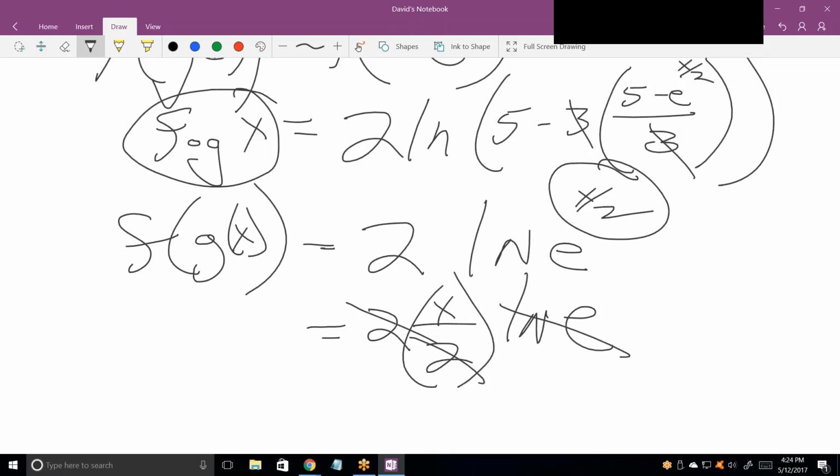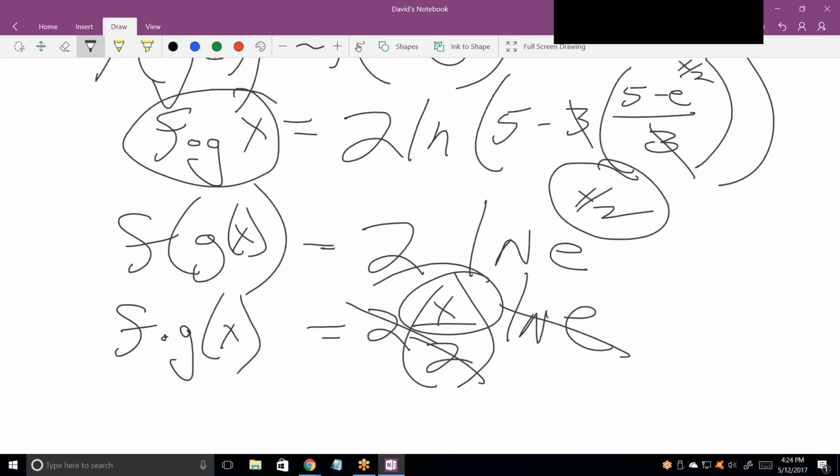So f of g of x equals x. That proves that g of x is the inverse of f of x. And I know the definition says that you have to prove it both ways. In other words, you also have to prove that g of f of x is equal to x.